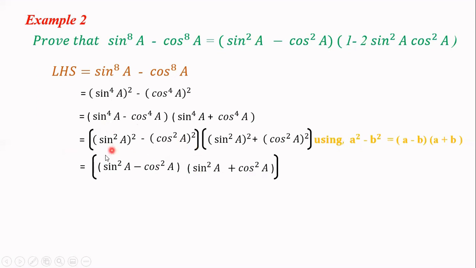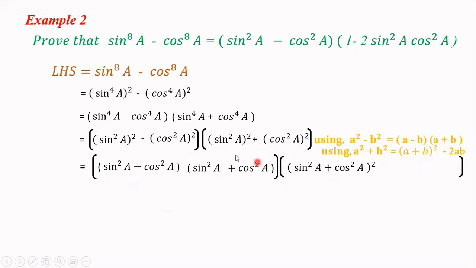So in the first bracket we have used the formula a minus b, a plus b. Now the second bracket is in the form of a square plus b square. For this one, we are going to use the formula a square plus b square, which is equal to a plus b whole square minus 2ab.